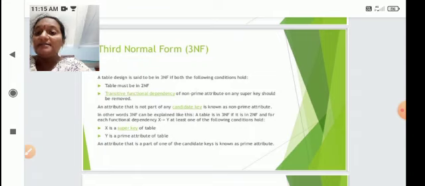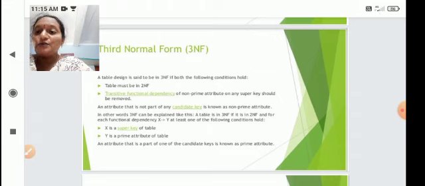In other words, third normal form can be explained like this. A table is in third normal form if it is in second normal form, and for each functional dependency X to Y, at least one of the following conditions holds.